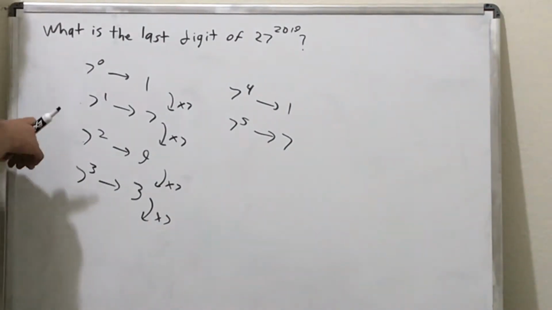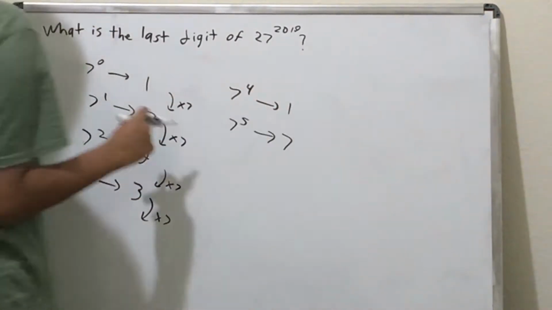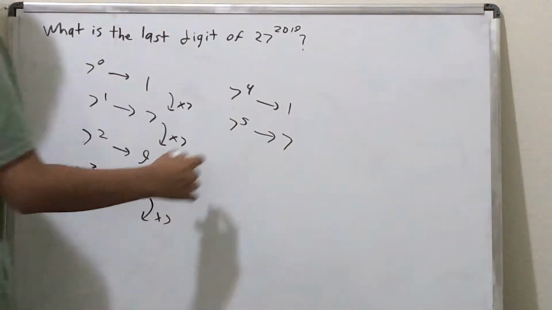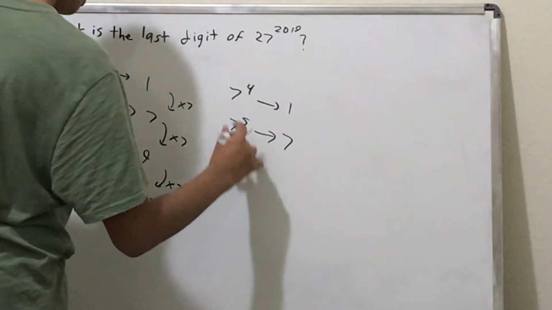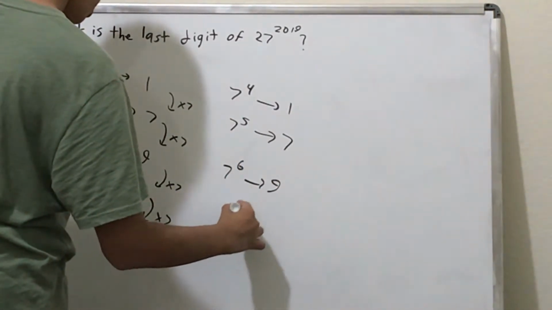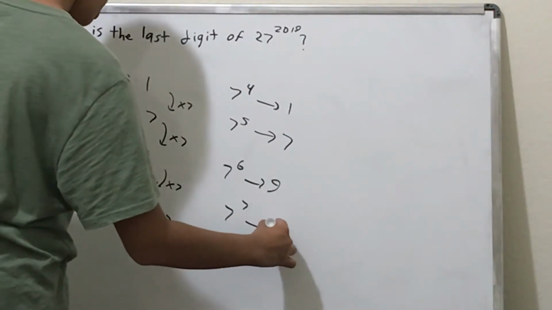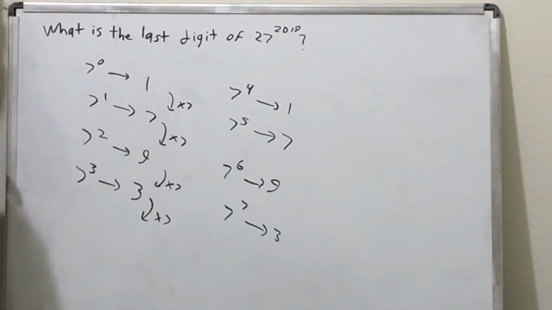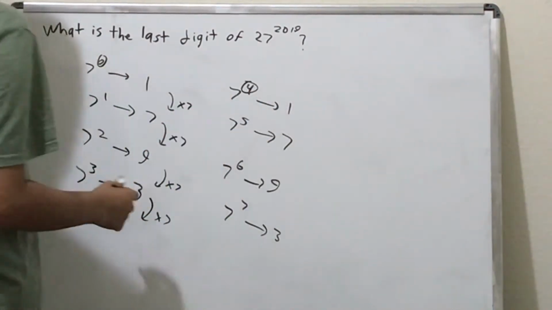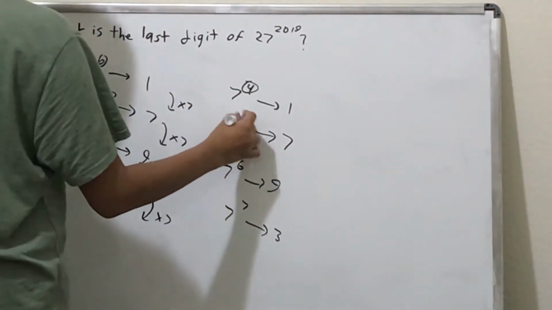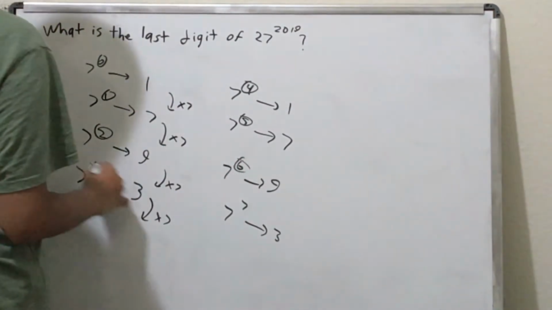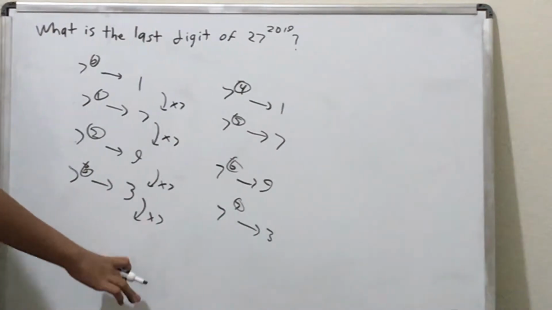We don't even have to multiply by 7, because we already did that work. Then 7 to the 6th power is going to be 9, and 7 to the 7th power is 3. Notice 0 and 4 are all multiples of 4. 1 and 5 are multiples of 4 plus 1. 2 and 6 are multiples of 4 plus 2, and so on. In fact, this rule keeps on going.